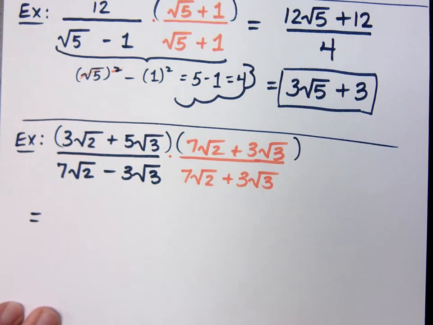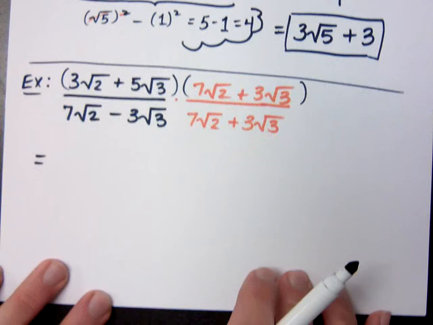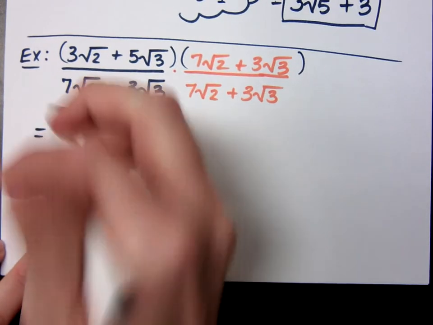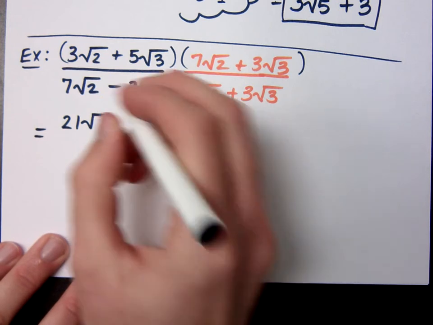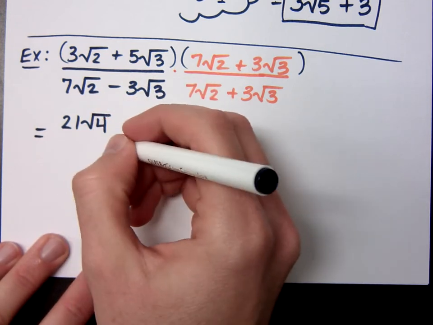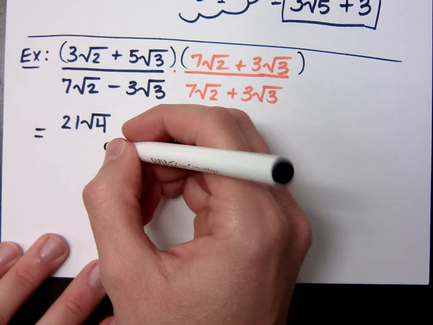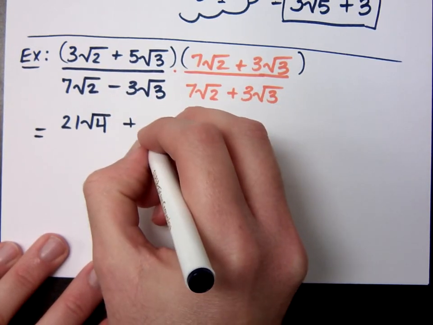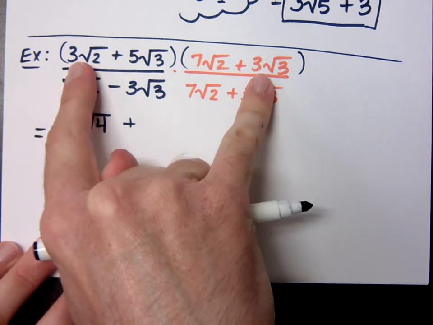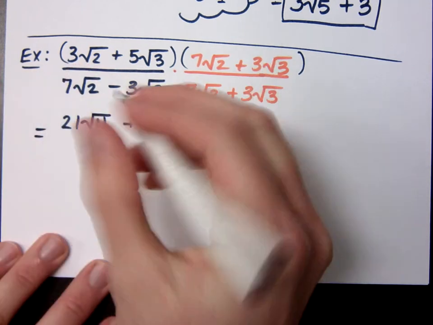When you multiply the first terms, what do we have? 21 square roots of 4. Remember, you have to multiply those radicands together. On the outside, what do you have? Multiply these guys. What do we have? 9 square roots of 6.